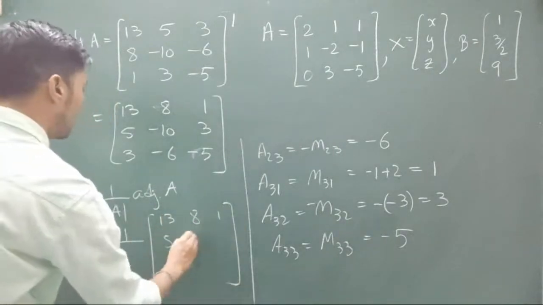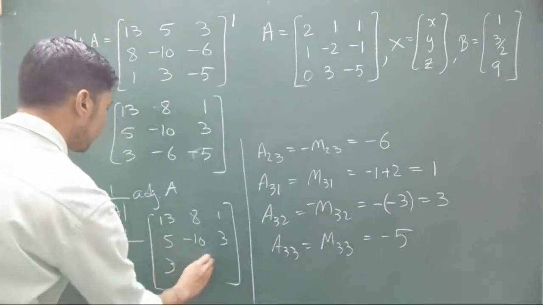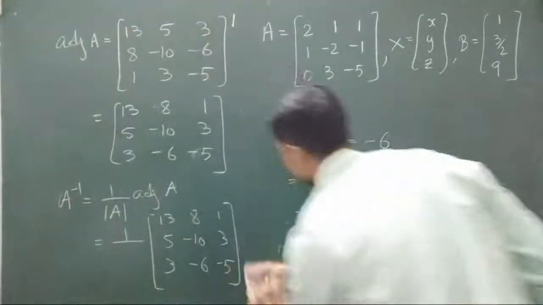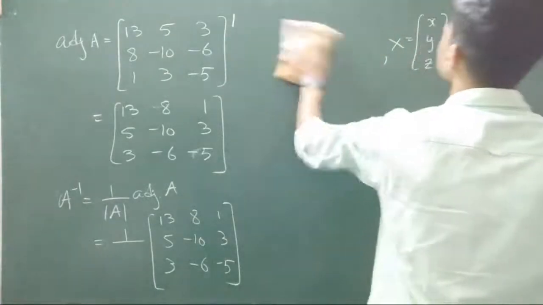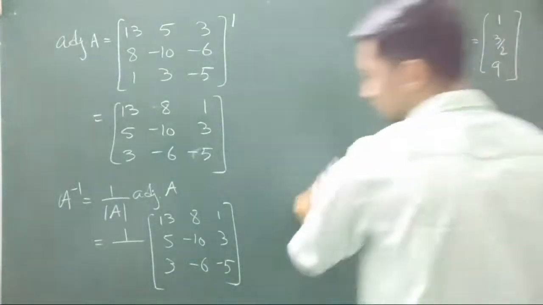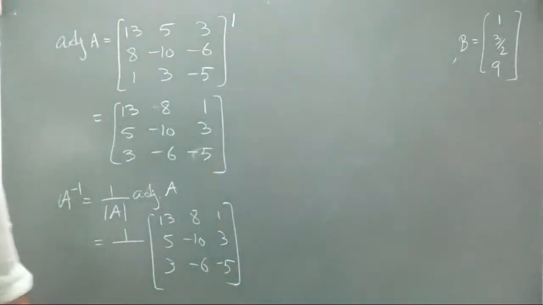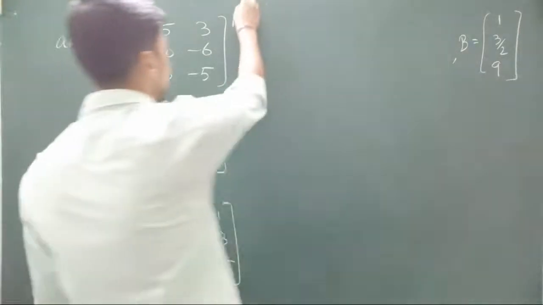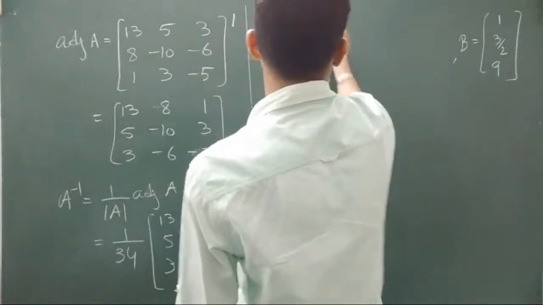Can someone tell me? 34. All right, thank you. 34. So that's it. Time to find out X, A inverse of B.